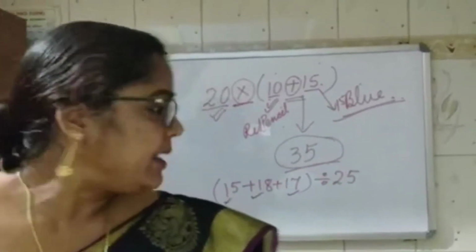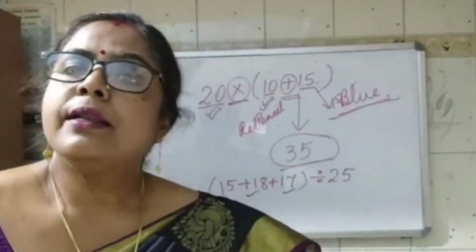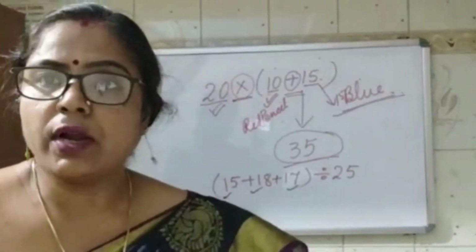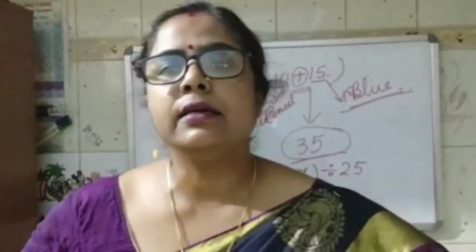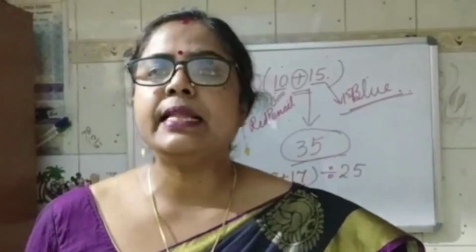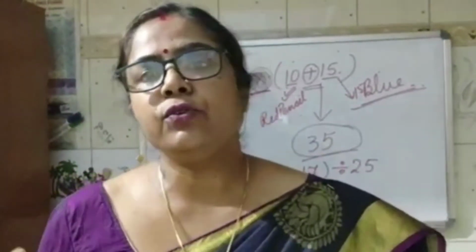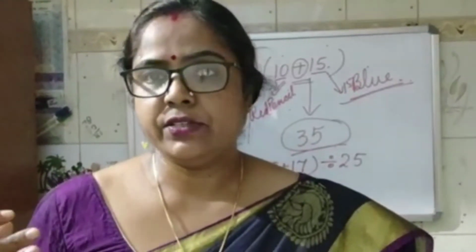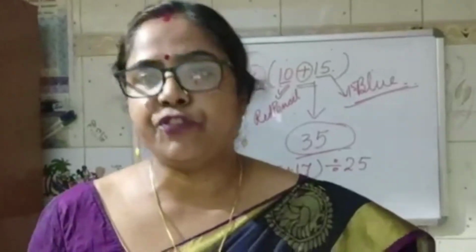Okay, so I am taking it in such a way that Rahul, Gaurav, and Sanya, these three are brothers and sisters, and they have some chocolates. Rahul wants to give it to their 25 friends. How many chocolates will he give to each friend?